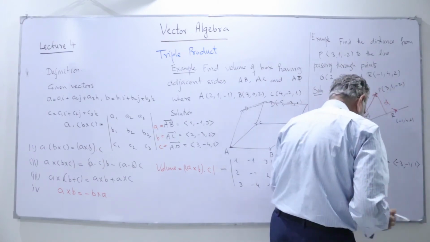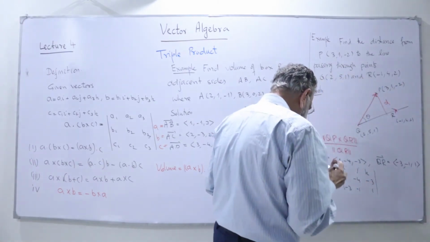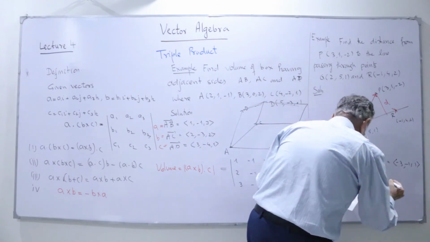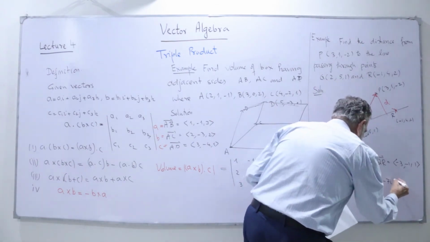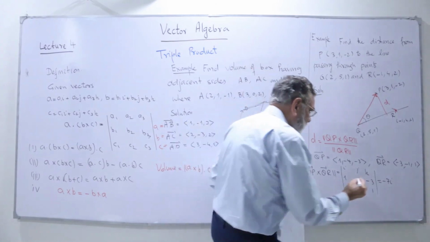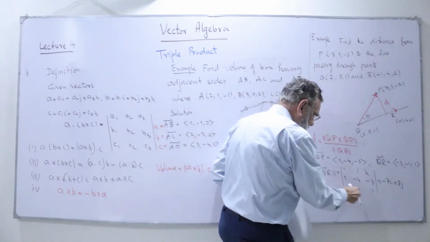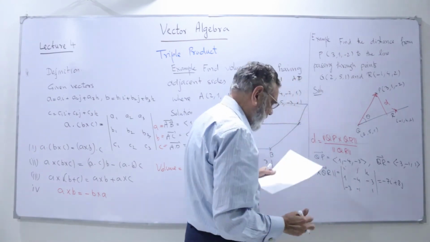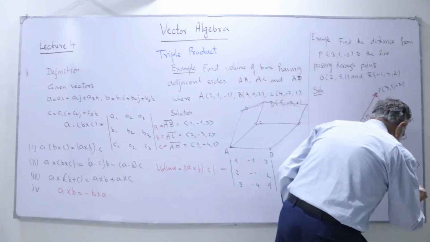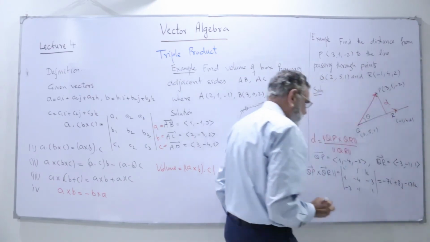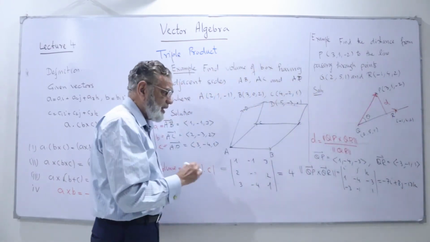I get the value equal to minus 7i, plus 8j, and for k we have minus 1 and minus 12, so minus 13k. I have shown this before, so I'm skipping writing it every time.